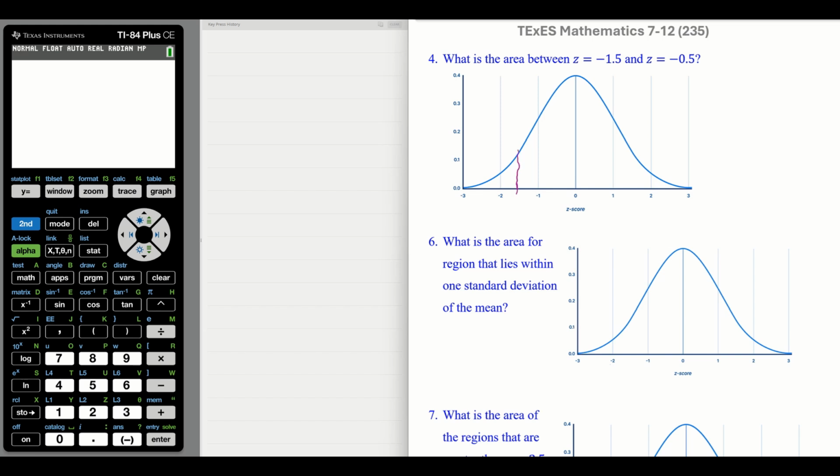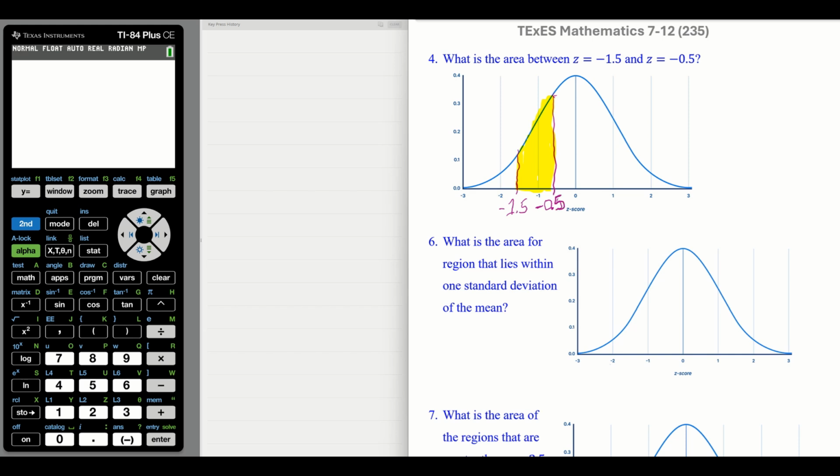So this is just about negative 1.5 and then negative 0.5. That's our zone. I'll highlight that. We need the zone in between those values. Just a quick sketch as a visual, so you have an idea of what we're doing.